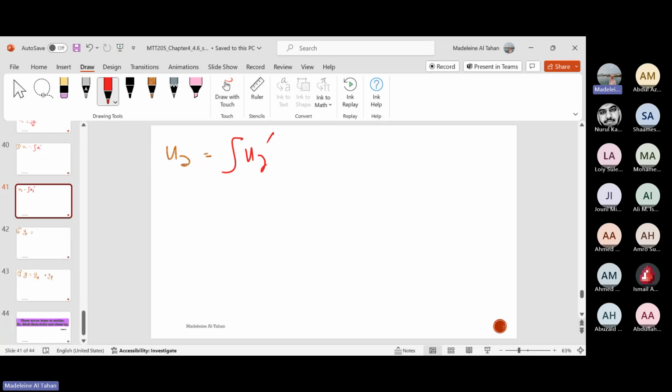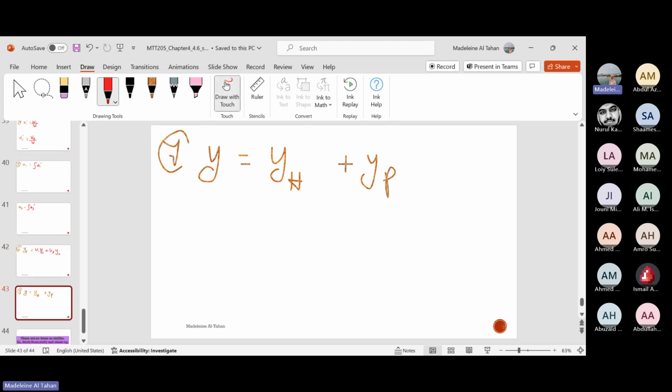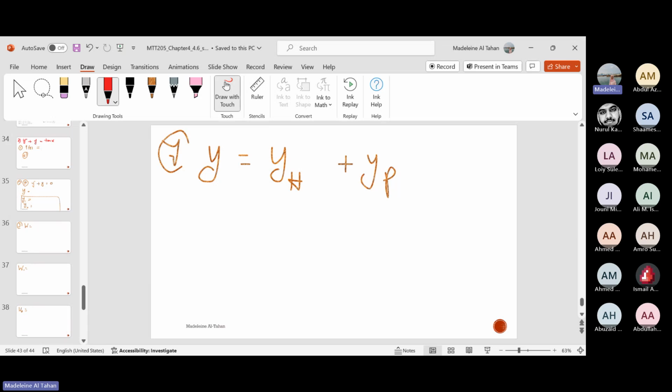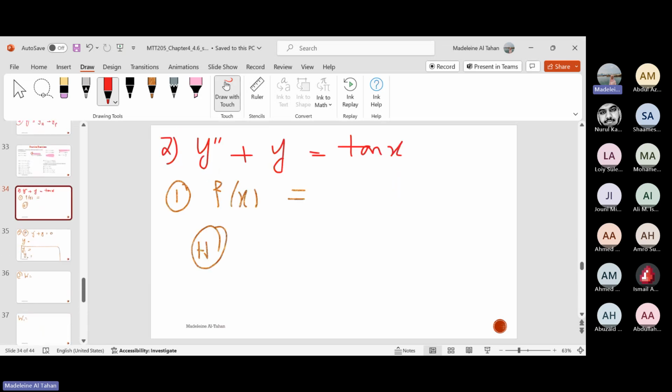Then we will find yp, u1 y1 plus u2 y2. And finally, we'll write our solution as y equals yh plus yp. Are you okay with the steps, miss?